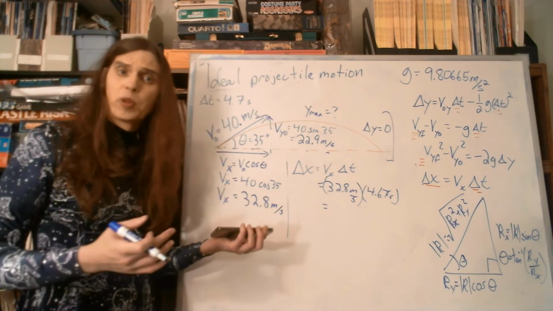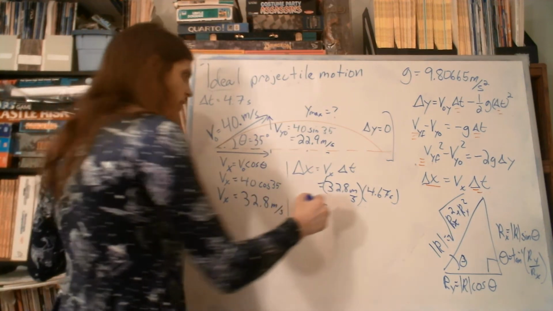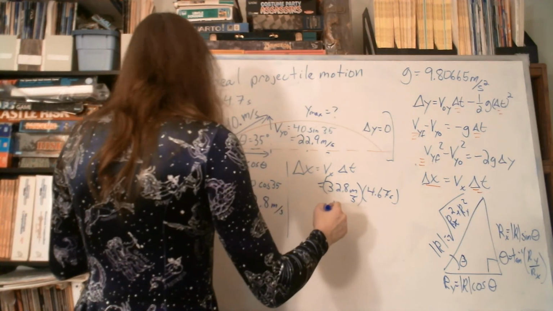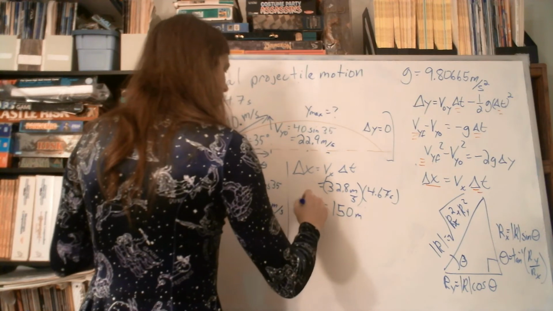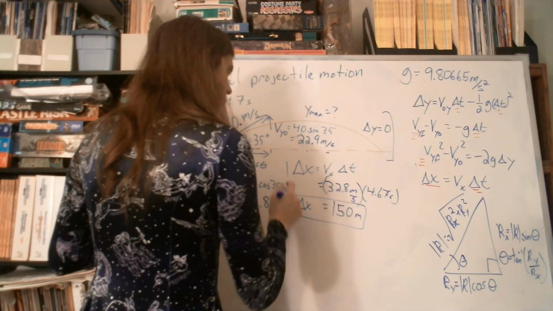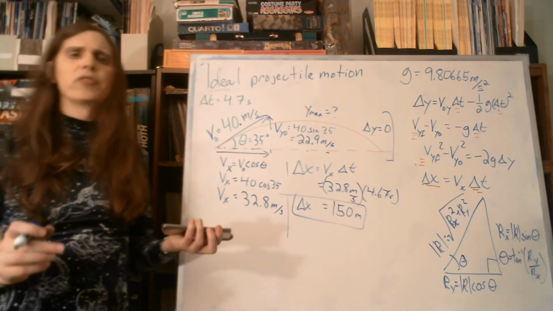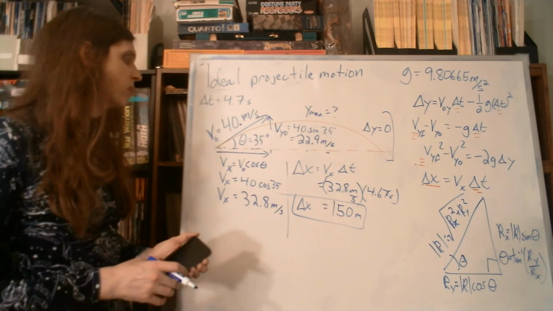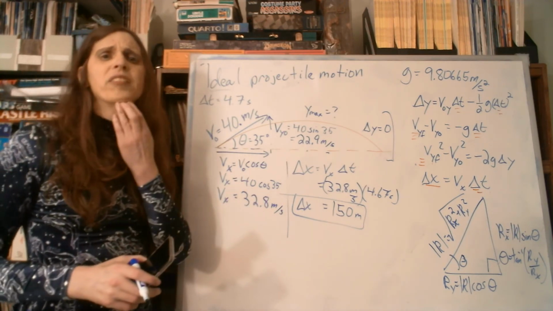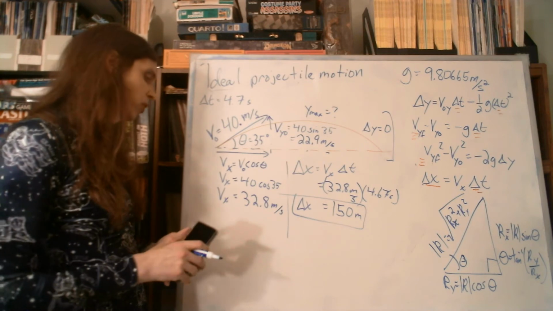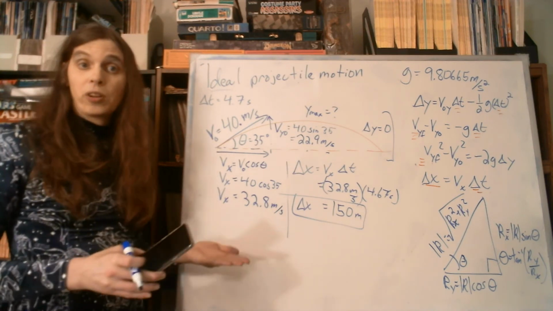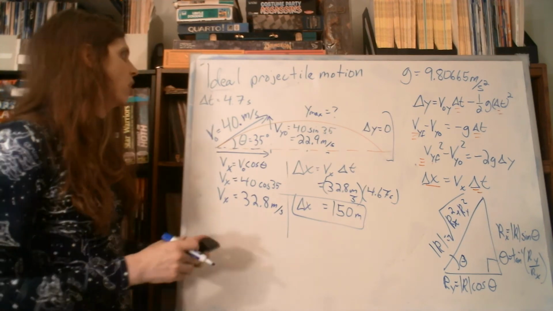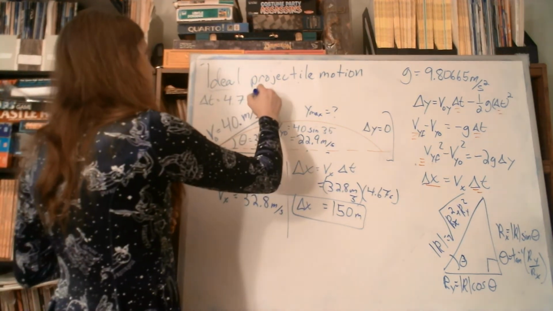Actually, I left the full number in my calculator still, so that's about 153, I'll call it 150 meters, which is pretty far. So pushing 500 feet, pretty good hit. So there's our horizontal range. I'll go ahead and put that up here as well.